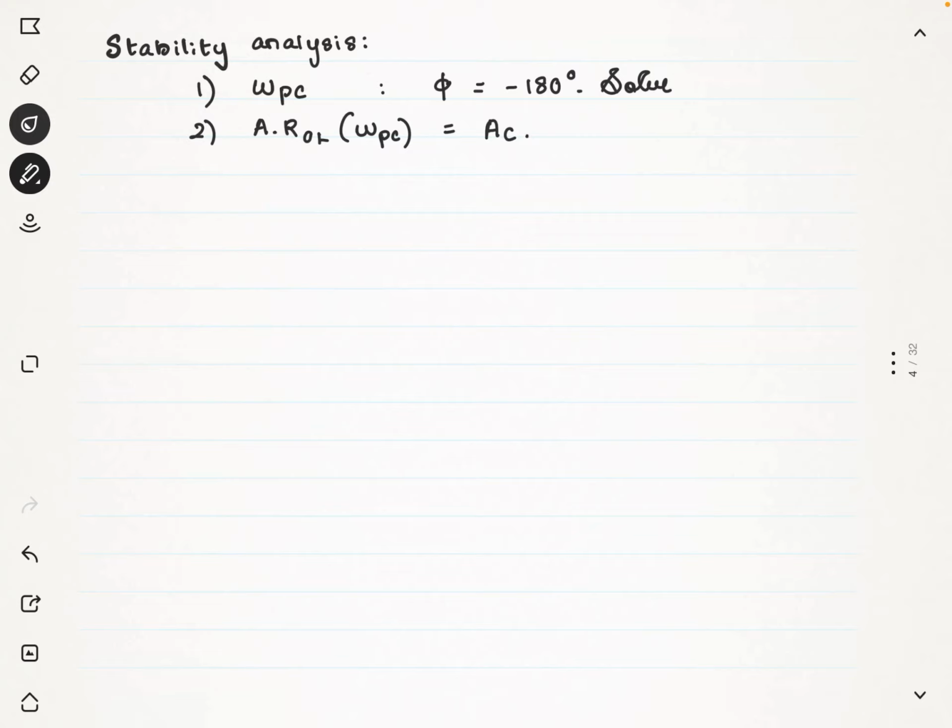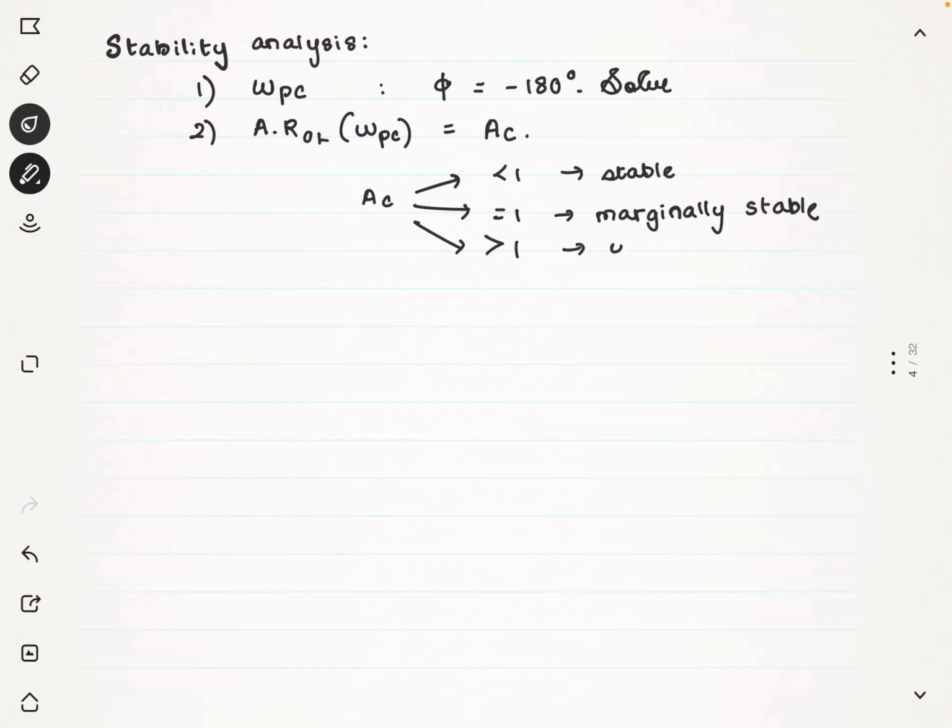So if critical amplitude ratio is less than 1, the system is stable. Equal to 1, marginally stable. If it's greater than 1, it is unstable. So we'll do the following to comment on the stability of the system.